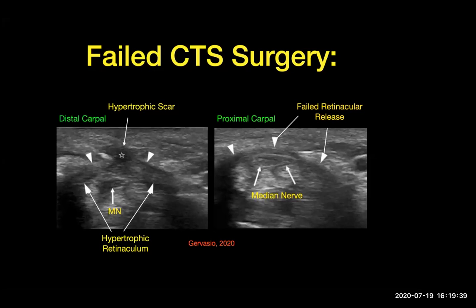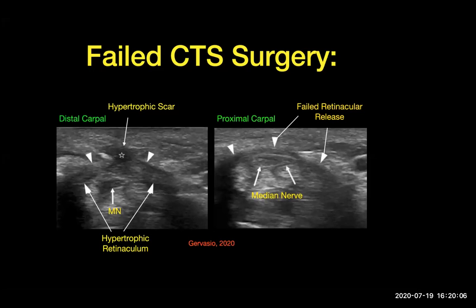You have to get a measurement from the proximal carpal and also from the distal carpal. Now, as you can see here, it looks like there is a failed retinacular release because you can still see the retinaculum there. So even if they say that they have released it, they may not have completely released the flexor retinaculum.